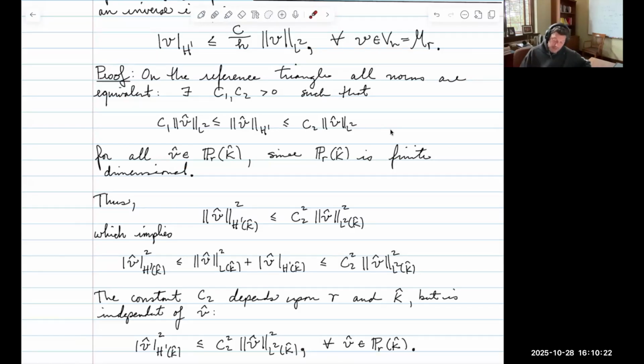The reason it holds is because PR is a polynomial space, so it's finite dimensional. It's a very simple space, more simple than this space. We're working on the reference triangle, polynomials of degree R. All norms are equivalent in finite dimensions, and so we have to have this inequality on the reference triangle.